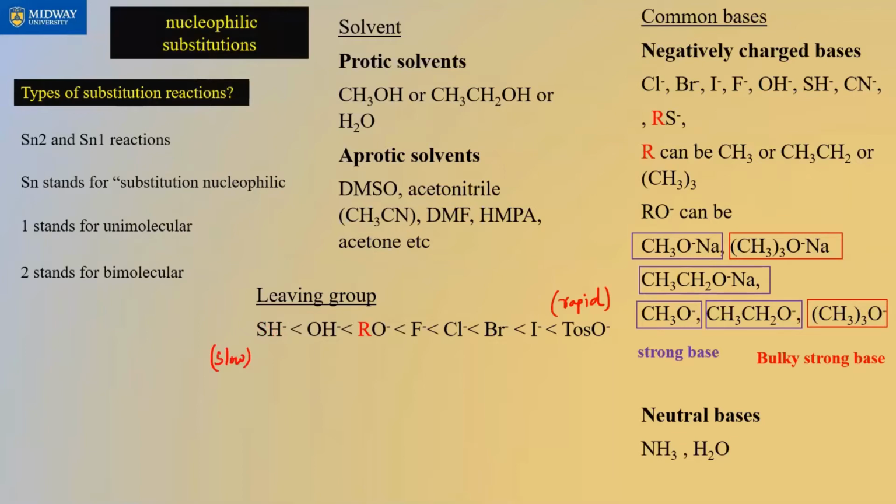So we're going to put all of these together: the nucleophile, the substrate, the leaving group, and the solvent. So there are 4 components to it, and we're going to try to address those using the 2 substitution reactions, SN2 and SN1. SN stands for substitution nucleophilic, 1 stands for unimolecular, 2 stands for bimolecular.